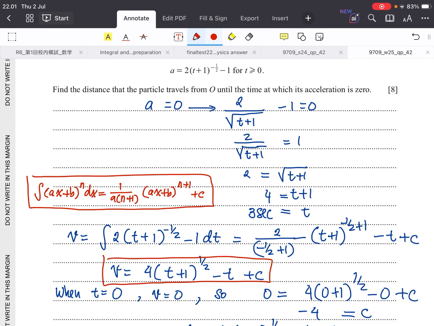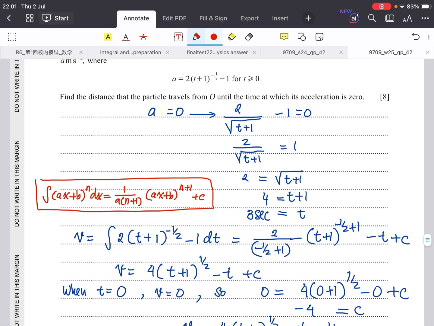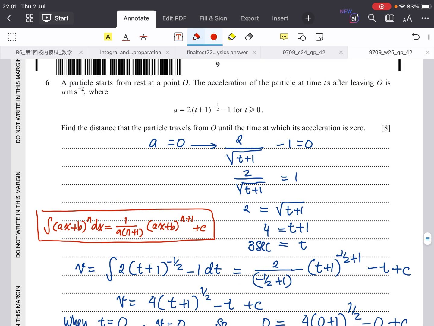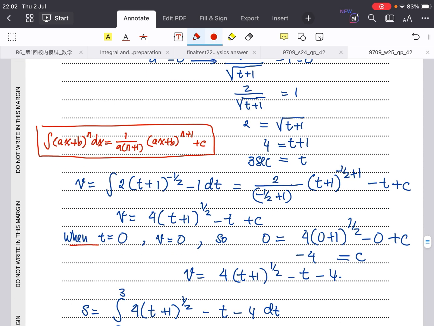After we simplify, v is equal to 4 times (t plus 1) to the power of half, minus t, plus c. In order to find the value of c, we use this condition here. The particle starts from rest at point O. So it means that when t equals 0, v is equal to 0.